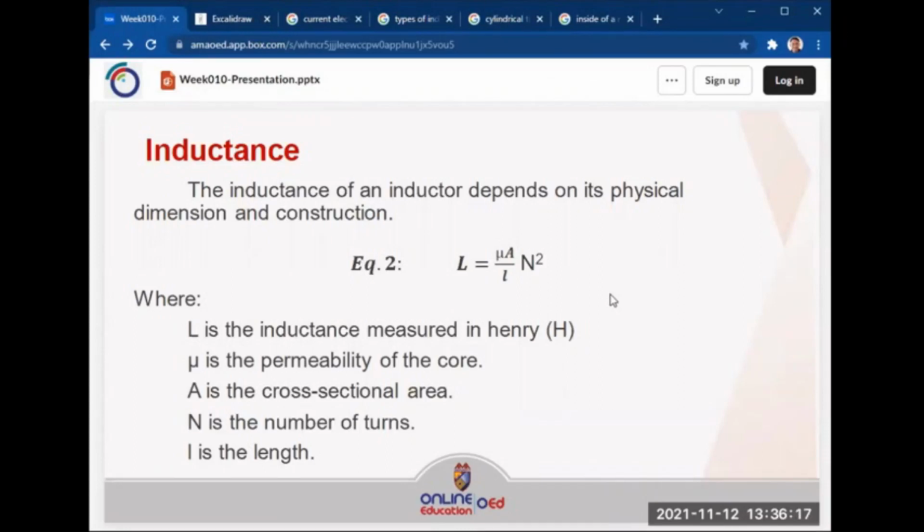Let's identify: L is the inductance in Henry, mu is the permeability of the core, A is the cross-sectional area, N is the number of turns, and then l is the length of the inductor. So again, L equals mu A over l times N squared.